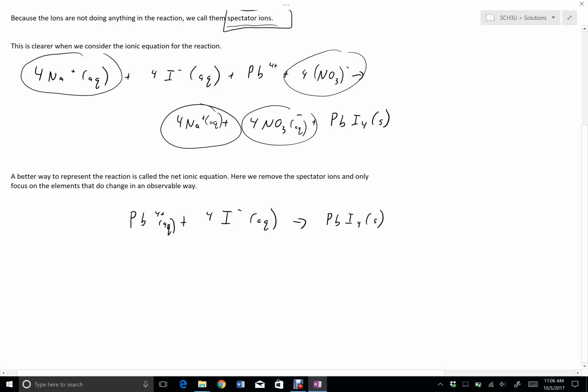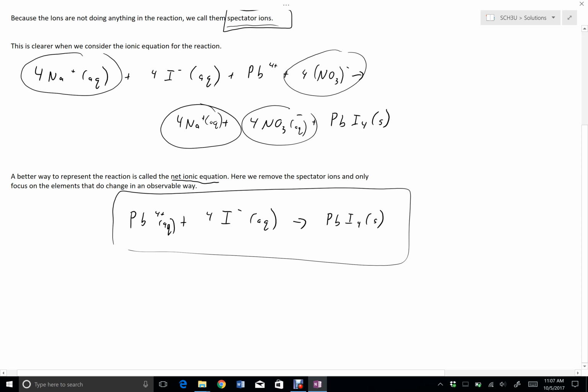That's what's actually happening in the solution. All the rest of these ions are just there to provide neutral solutions. They're not actually involved in the reaction in a meaningful way. That's why this is a better representation of the real reaction that's happening here.